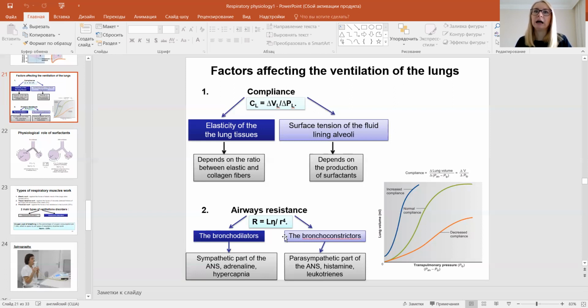The bronchi are supplied with powerful parasympathetic innervation and relatively smaller sympathetic one.